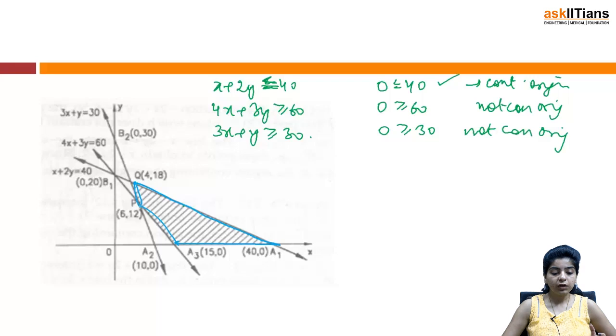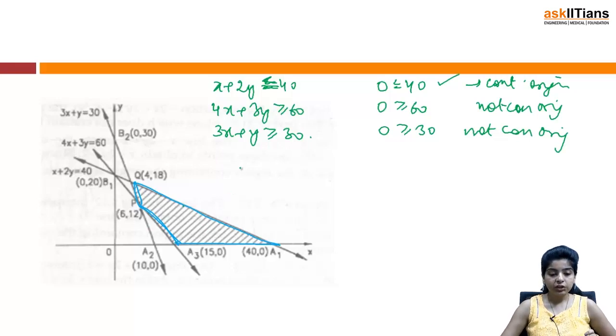Now we'll have to find out the optimal solution, but this is the shaded region. So now that you have reached the shaded region, again you just have to consider the corner points, and we'll be finding out the values of z at each corner point of this region, and then we'll be finding the optimum value of z.